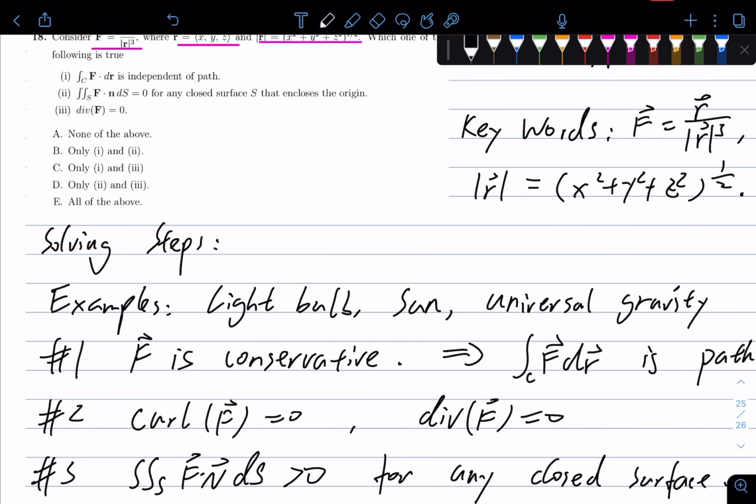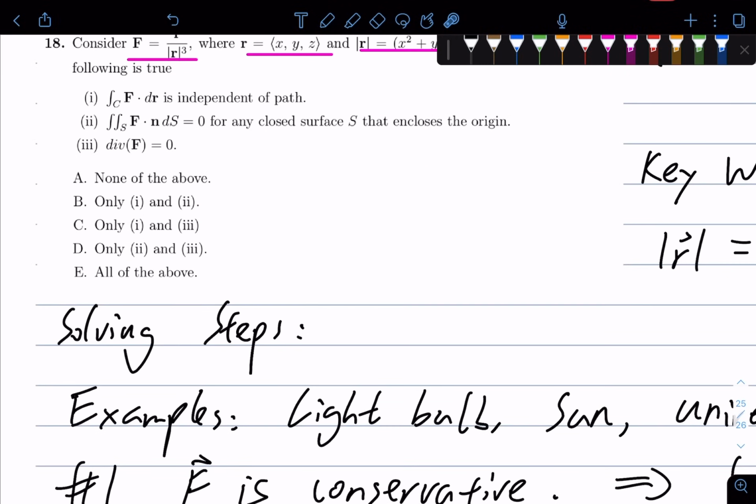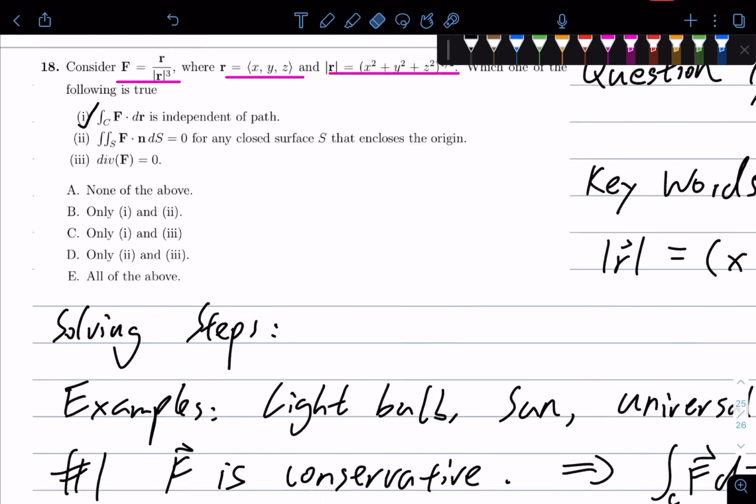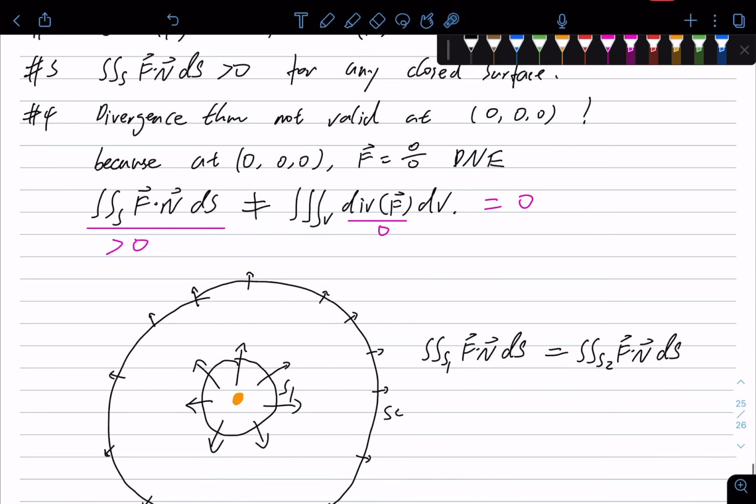answer choices. So first of all, the line integral of F dot dr is path independent, as we discussed. That's your first definition. So this is part of the correct answer. And then the surface integral equals 0 for any closed surface that encloses the origin. As we discussed, there are lights shining through these light bulb glasses.